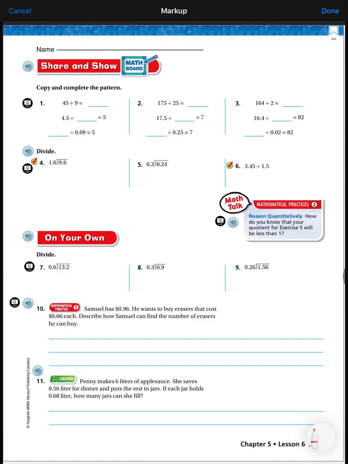I'm going to skip over those because we've worked on patterns in lessons 5.1 and 5.2, and I want to get to the nitty-gritty of actually doing the work. So like 4 through 6 is where I'm going to do the work here, okay? 4 through 6. And it just says to divide.